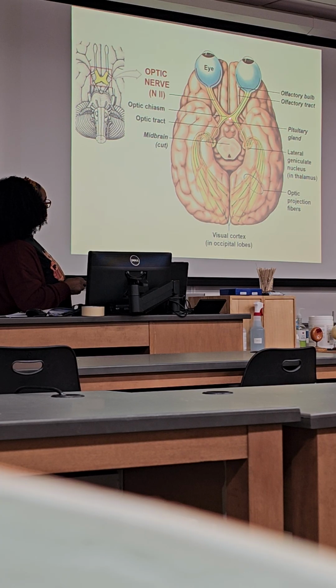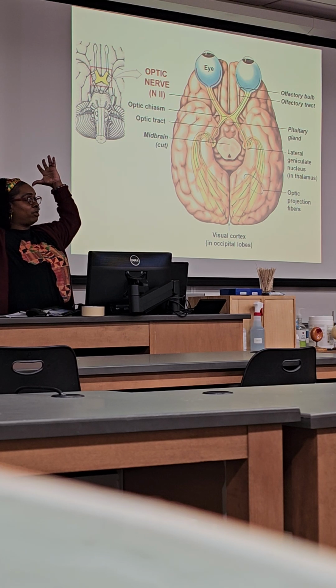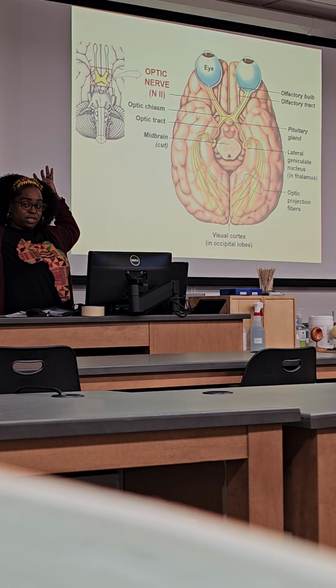Complex, the human body is. And then these tracts run back to the thalamus. At the thalamus, a particular nucleus, the lateral geniculate, we'll just say the thalamus. Now the thalamus is going to send that information along projection fibers all the way back to the occipital lobe.